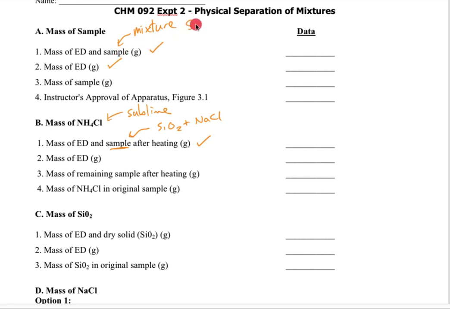This sample up here is the mixture. Remember, that is the silicon dioxide, the sodium chloride, and the ammonium chloride. Notice one of the data points, the mass of the evaporating dish is just repeated over and over again. It's the same mass.